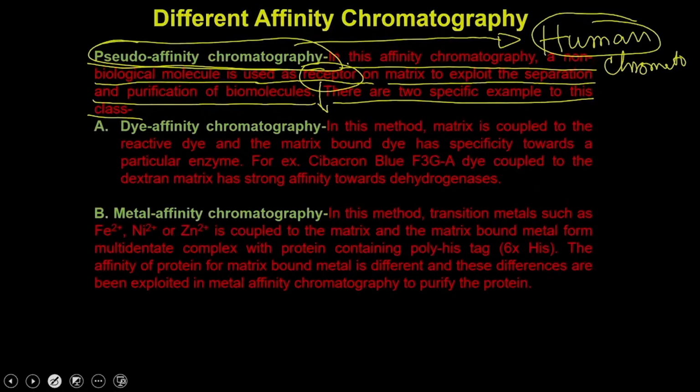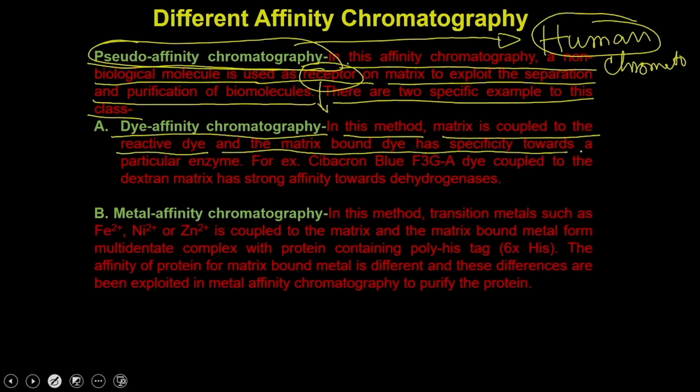So, in this category you have two different examples, for example, dye affinity chromatography. In this method, the matrix is coupled to a reactive dye, and the matrix bound dye has specificity towards a particular enzyme.